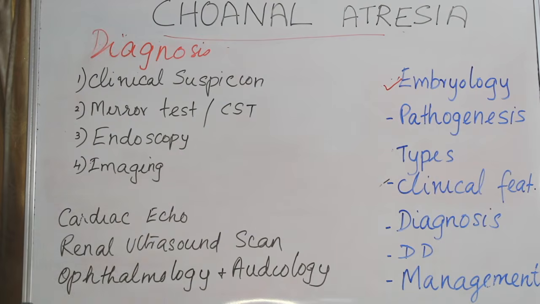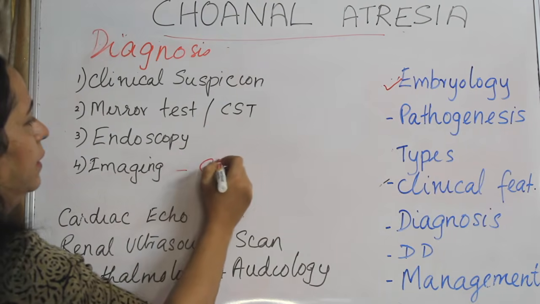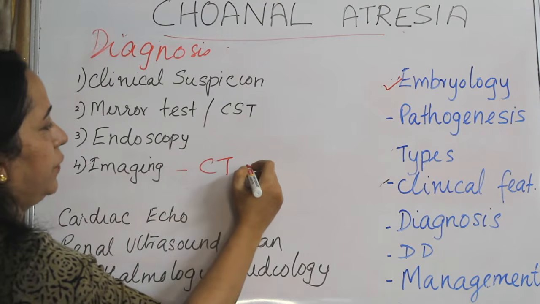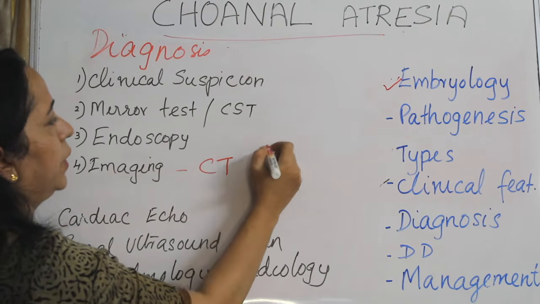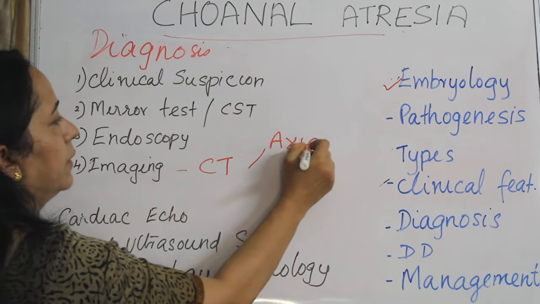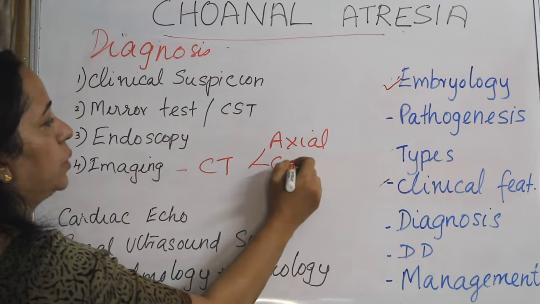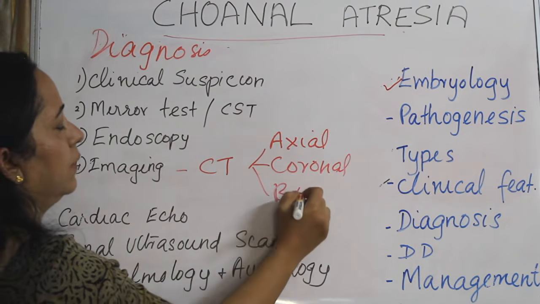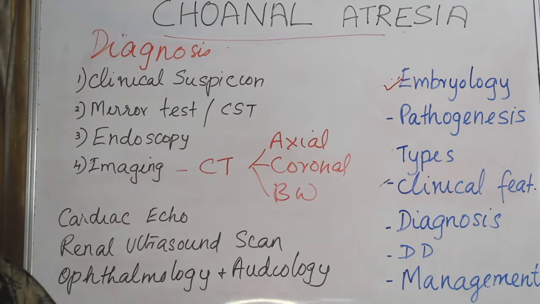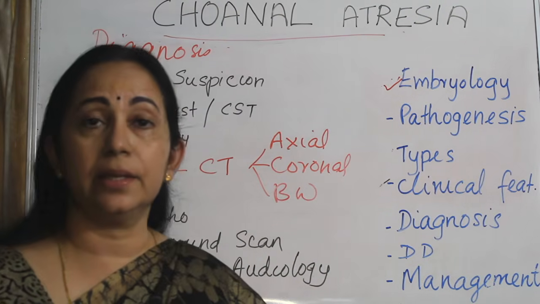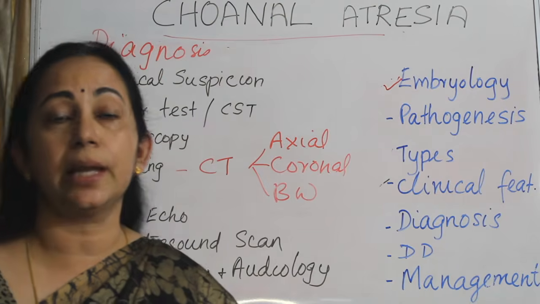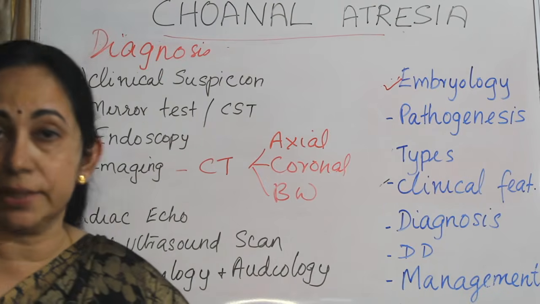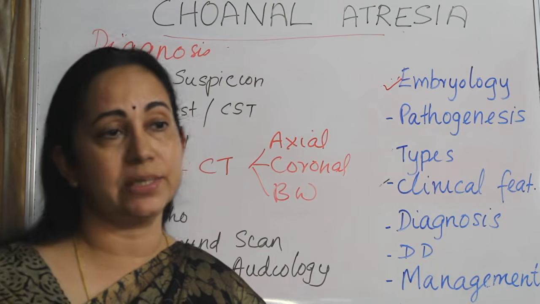Then imaging, mainly CT scan of the nose and nasopharynx. You have to do axial, then coronal, and also bone windows. That is to know the thickness, the anatomical relations, and also the type of choanal atresia, whether it is bony or membranous or mixed variety.